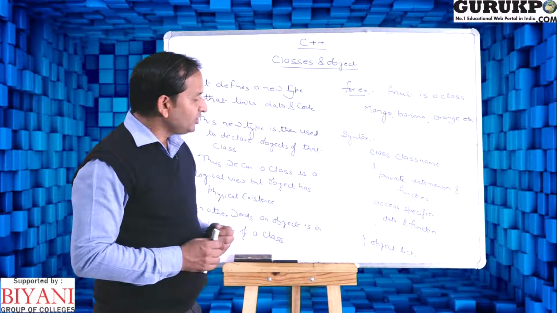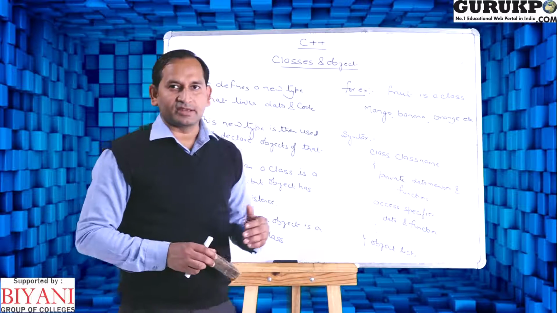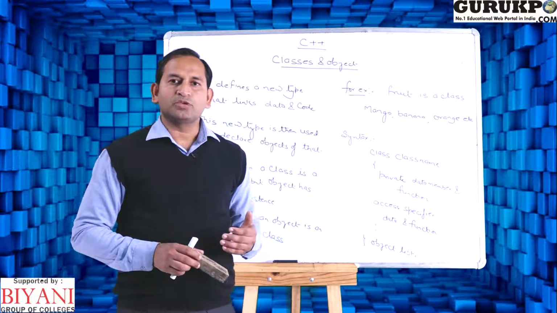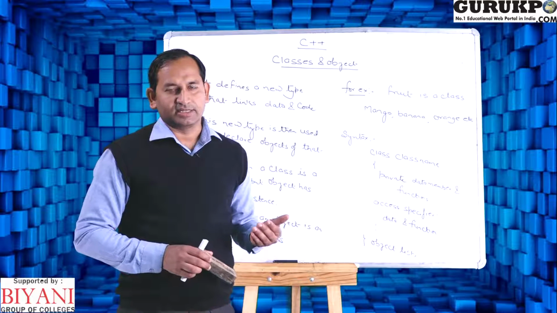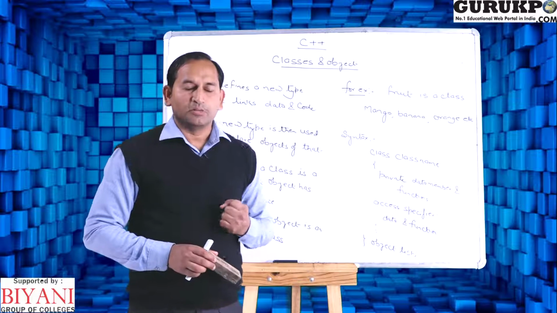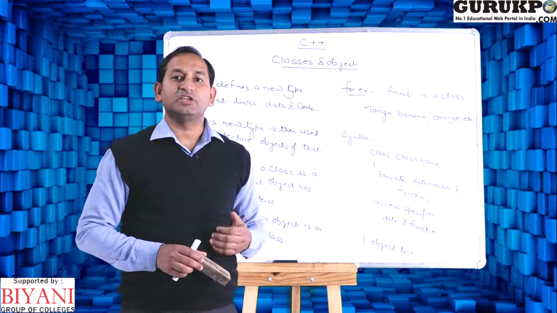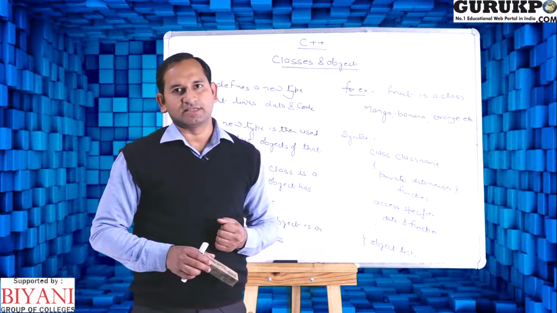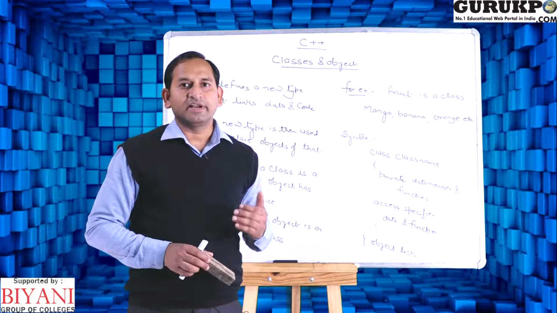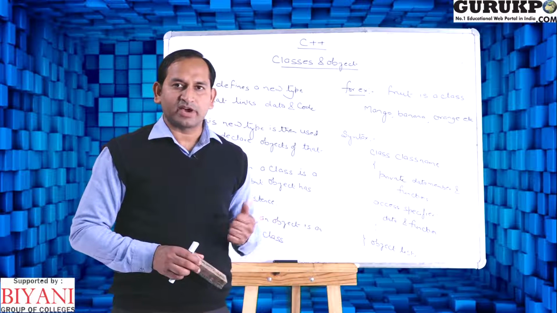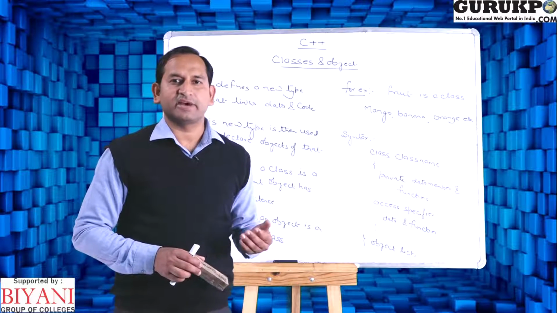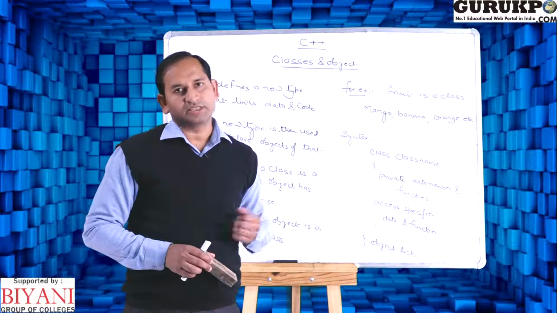Second, if we use the public access specifier, we can use data members and member functions outside that class. And last one, protected. The protected access specifier is generally used in case of inheritance. So, there are three different access specifiers, and we can use all three or any one of them according to the user's requirement.